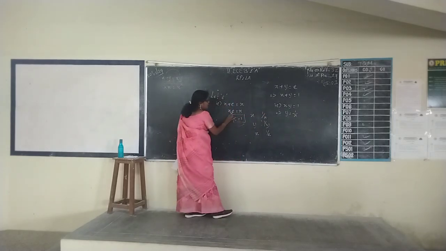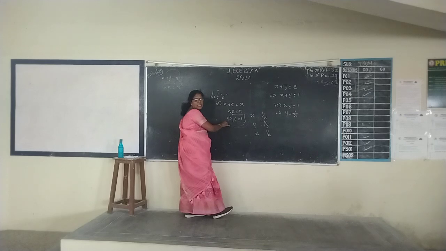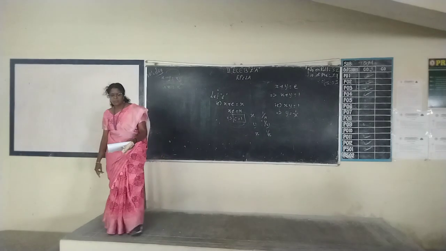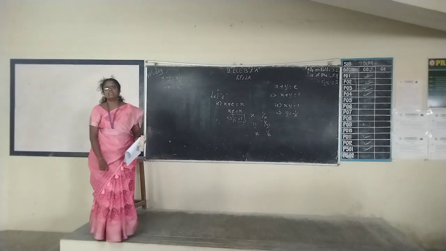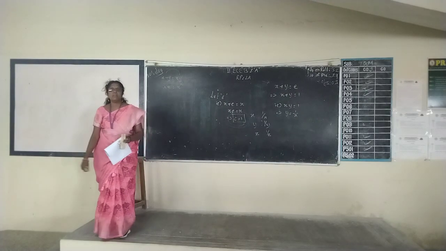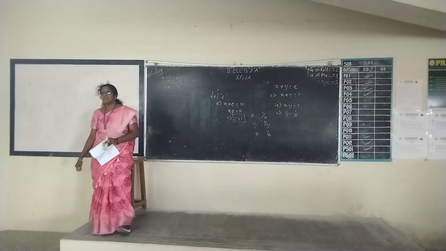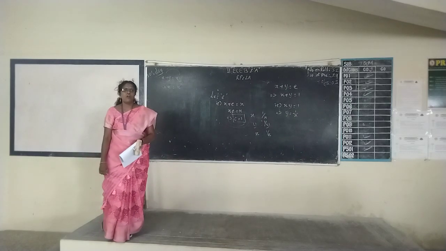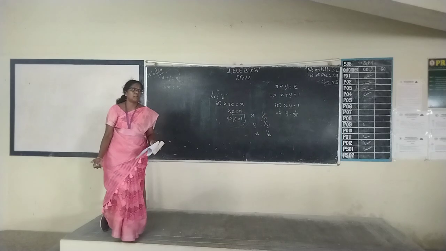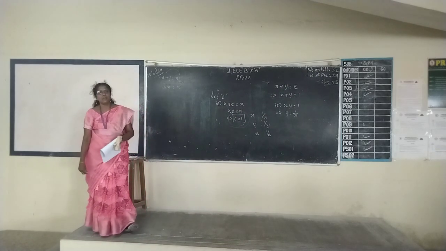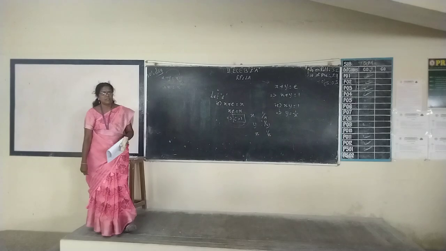But for identity, the entire set will have only one identity. So y equals 1 by x. Hence, 1 by x is the inverse of x for all x belonging to R plus. You can write R plus, or you can write V also.